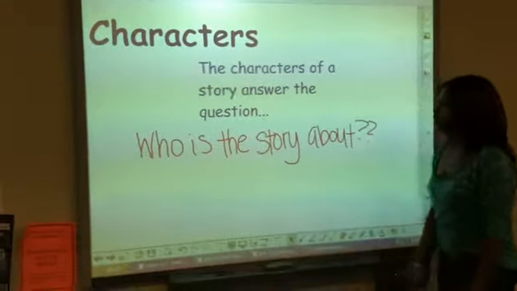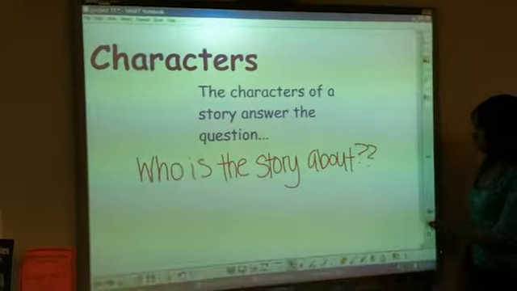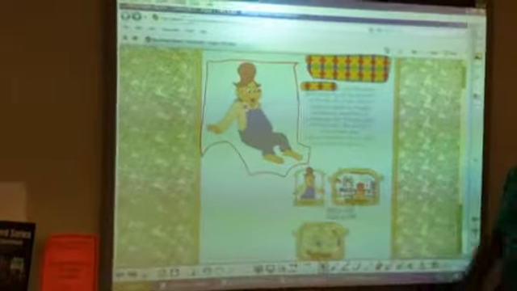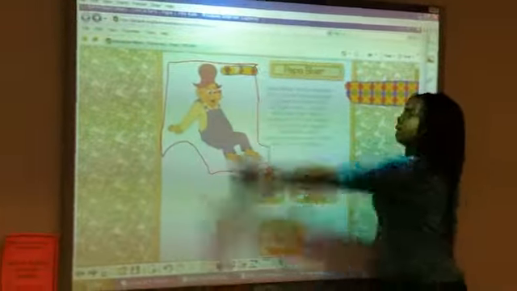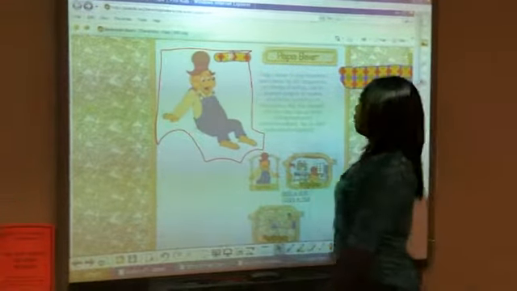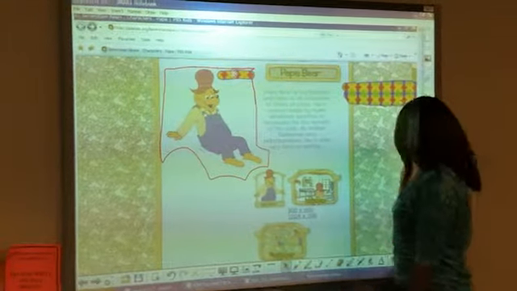The characters of a story answer the question, who is the story about? One of our main characters is Papa Bear. Papa Bear is big-hearted and rises to all occasions in times of crisis.